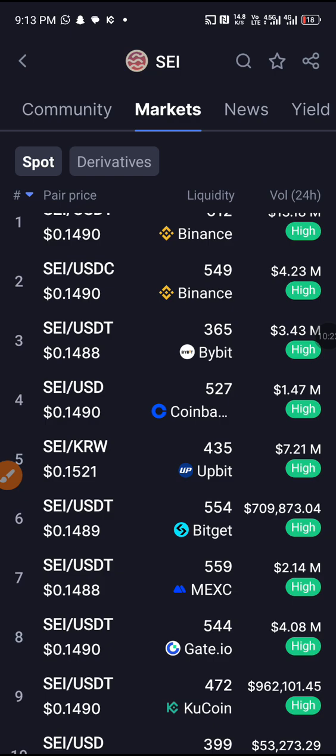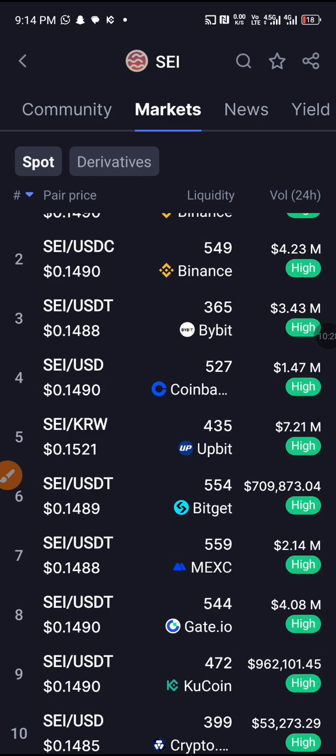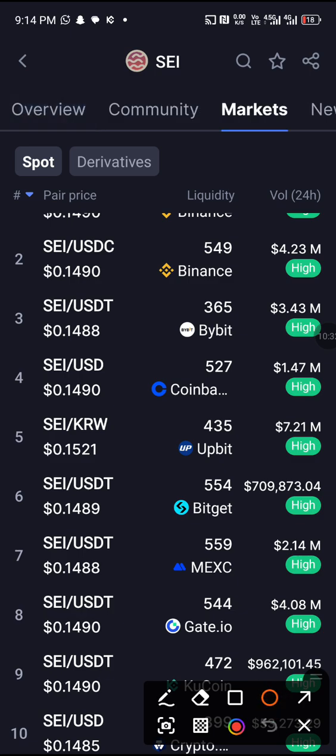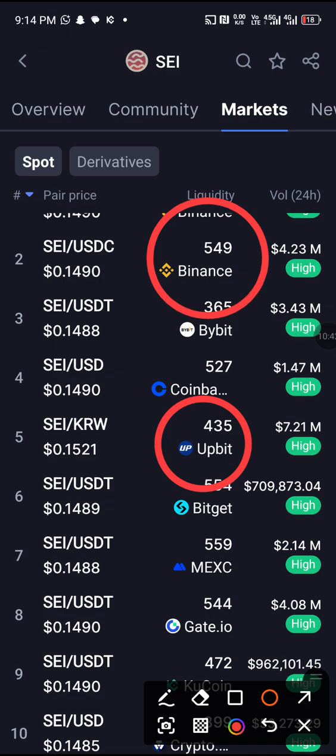Upbit is one of those places you can always buy from, because their prices are user friendly. The important thing here is to buy from a low place. You can buy from Upbit and take it to Binance to sell, or take it to Bybit to sell.